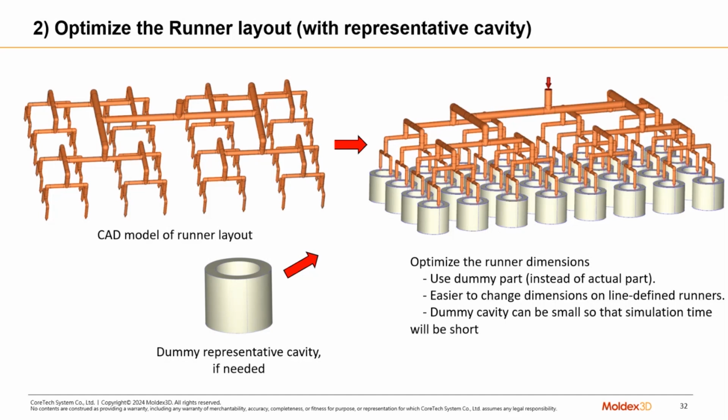When you are focused on the runner system and trying to balance it, yes, it's important to run the entire runner system. But if the goal is just to understand the root cause of air traps, where it is coming from, or shrinkage, and all the cavities are experiencing similar shrinkage and similar air traps, then you can just get one or two parts and get the answer of where that could be coming from, right?